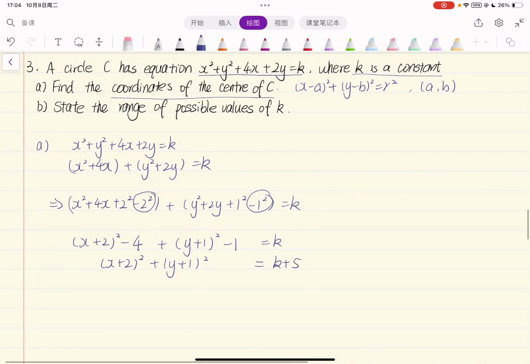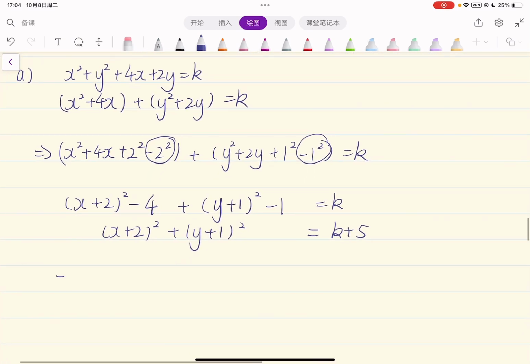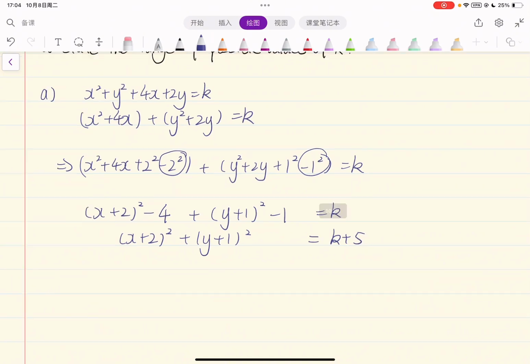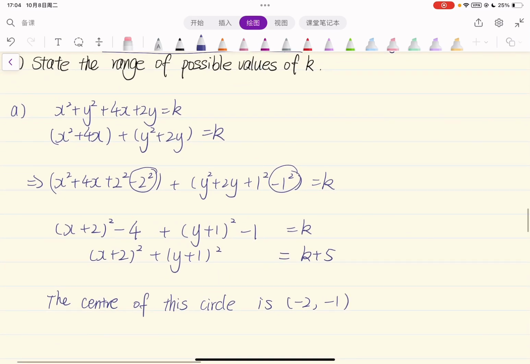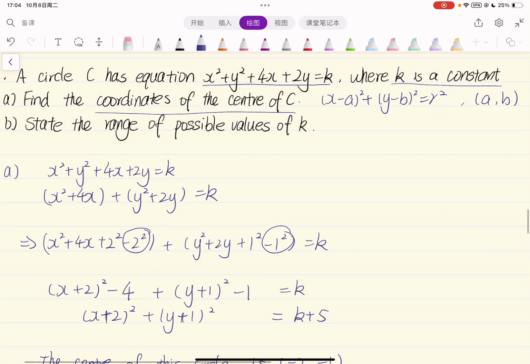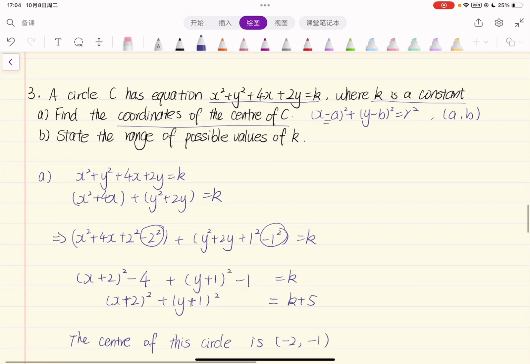So we have that the center of this circle is minus 2, minus 1. Be aware of the sign. Here is plus, but the general equation here is minus.